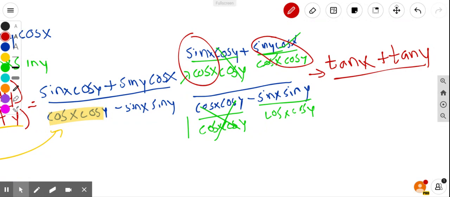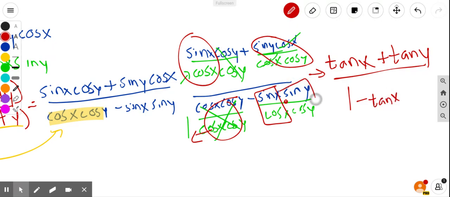Divided by, well, this actually simplifies into a 1. If you divide something by itself, you get 1. And this last one, nothing cancels out. However, I can treat this as a multiplication of two fractions. So I can think about this as a cosine of x times sine of x divided by a cosine of x, which should give me a tangent of x.